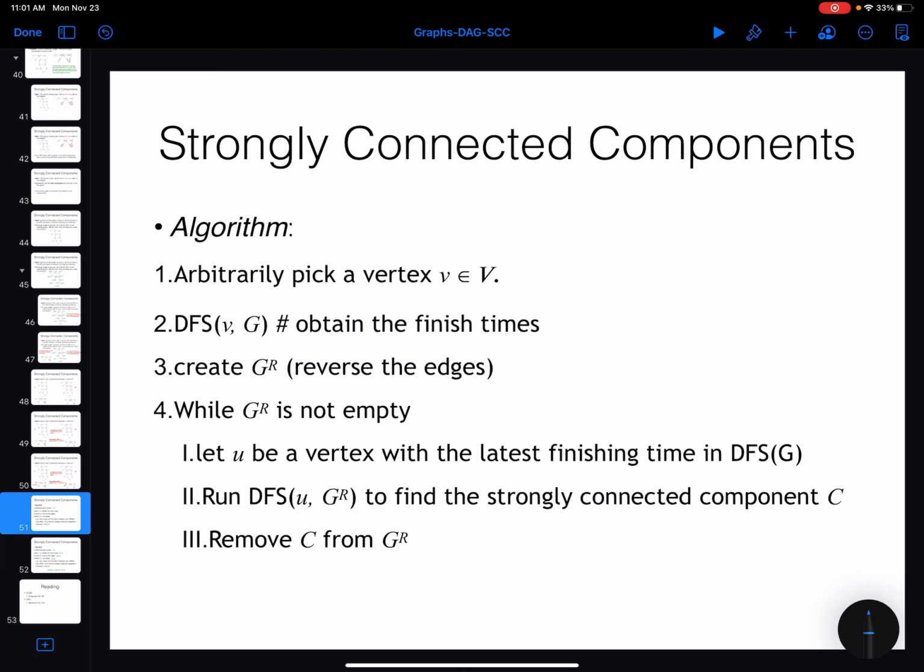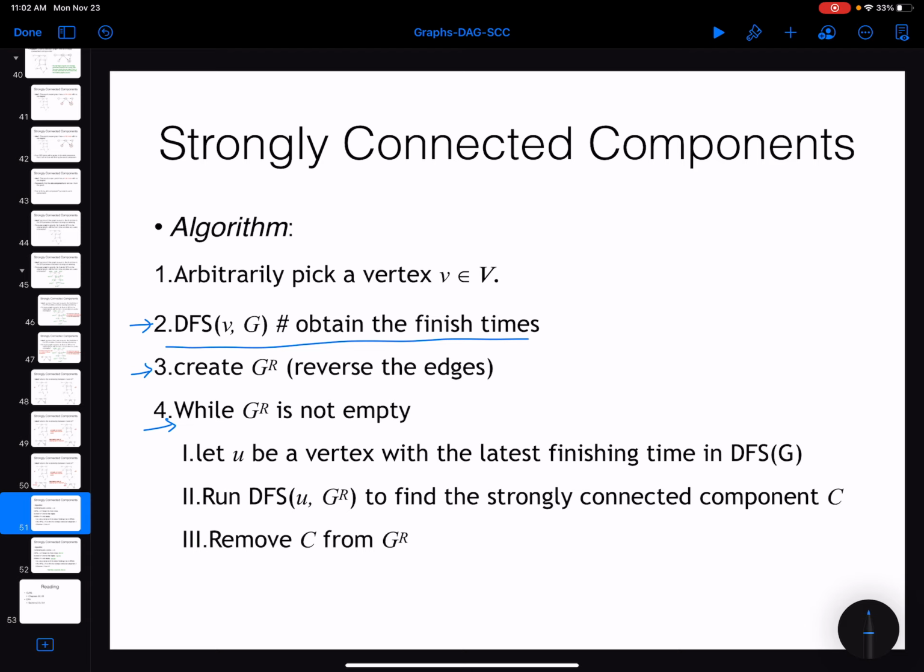This is going to be the full algorithm. Arbitrarily pick one node and run the DFS over the original graph. It gives you a set of start and finish times. Just keep it. Create the reverse graph. Then, until the reverse graph is empty, find the node with the latest finish time in the original DFS that you ran.